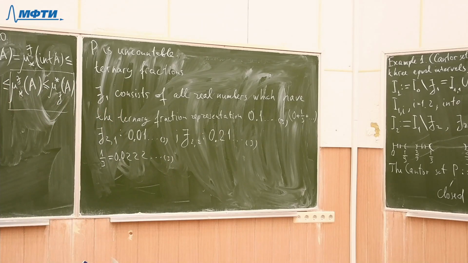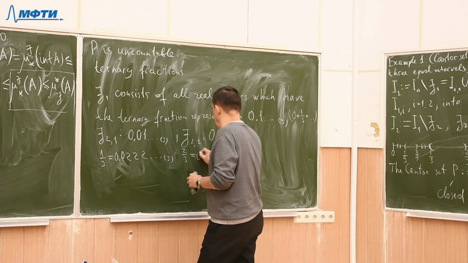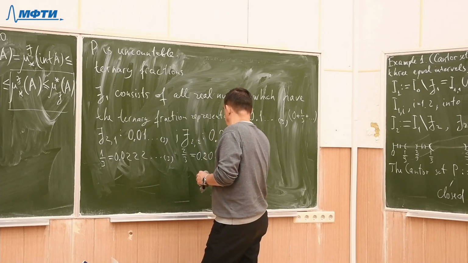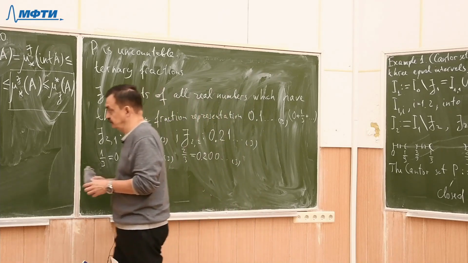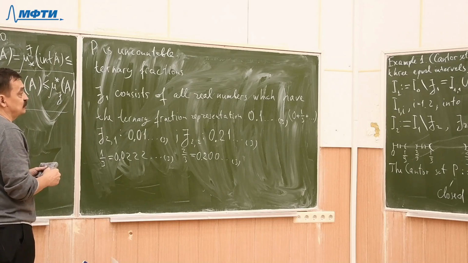That is like decimal fractions with a period of 9. And of course, 2/3 also can be represented without 1, right? So that gives a characterization of P.